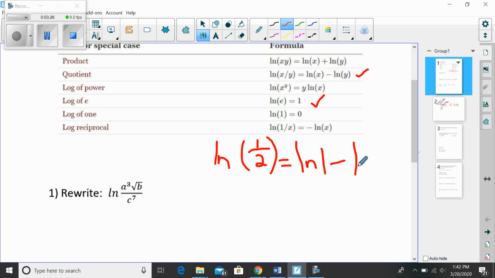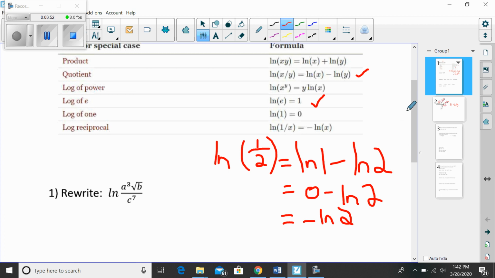Well, what's the natural log of 1? Right, the natural log of 1 is 0. So I get 0 minus the natural log of 2, which is obviously just negative natural log of 2. So that's how I can verify that last rule.